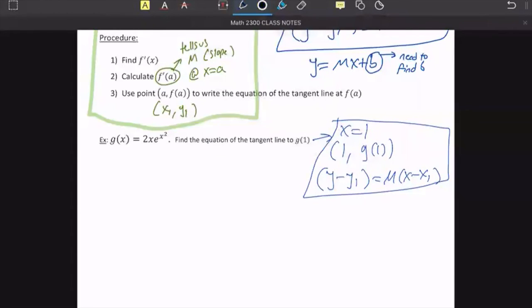I'll slowly write it down if you want to check your work, but you really should have a decent idea how to do this by now.